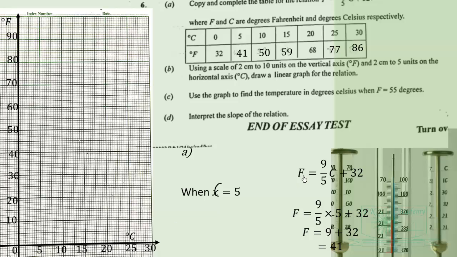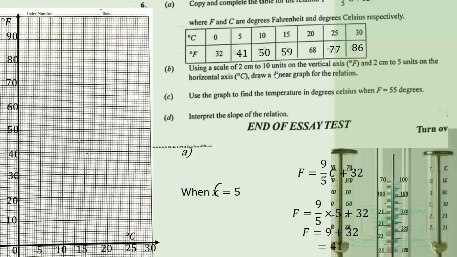I believe this did not confuse you because usually they bring the horizontal one first before the vertical one, but this time they brought the horizontal one last. I believe you didn't mess up. Great. So we are done with that.